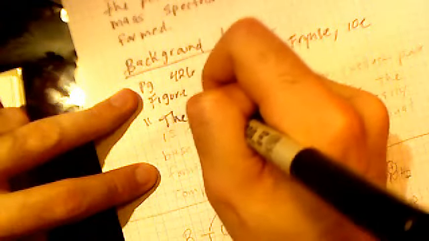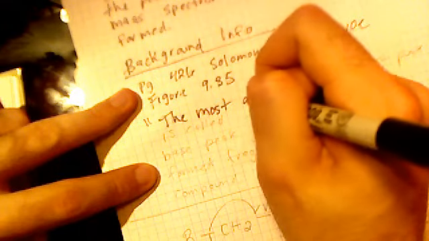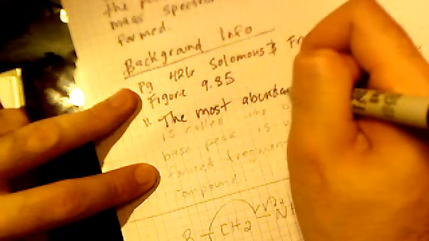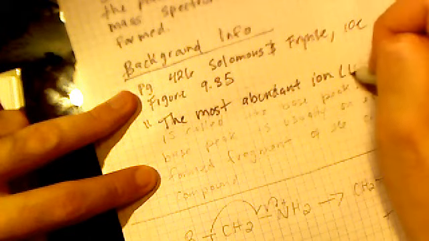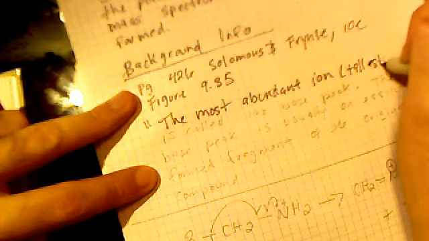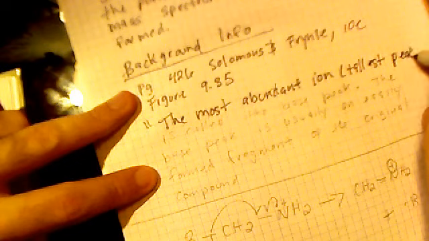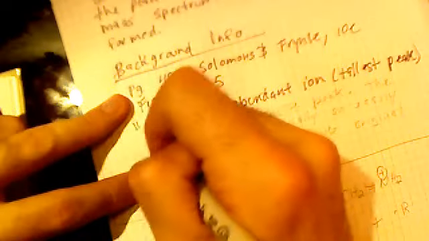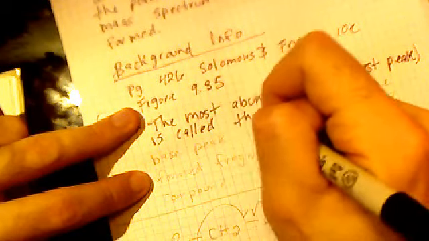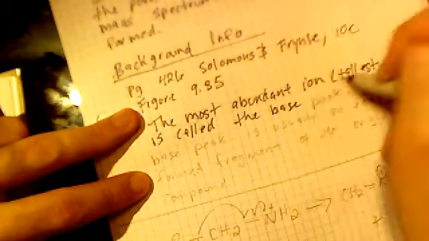So they say the most abundant ion, which is the tallest peak, is called the base peak.